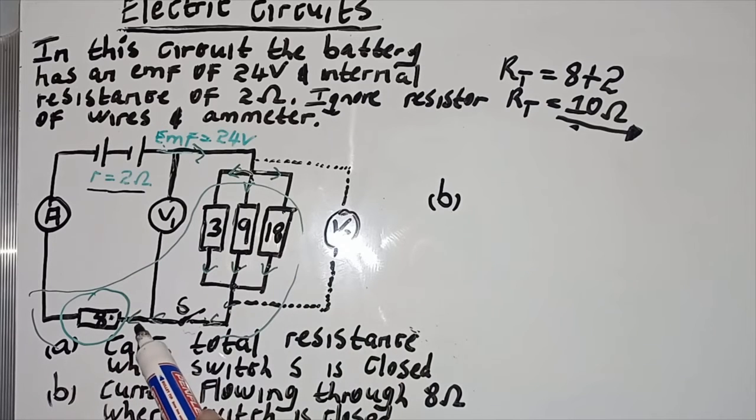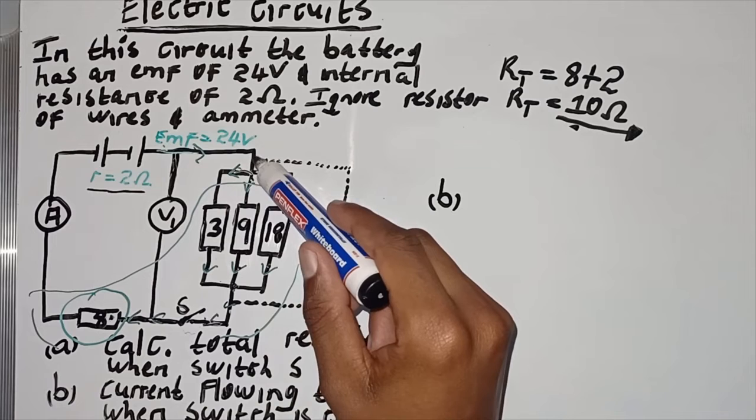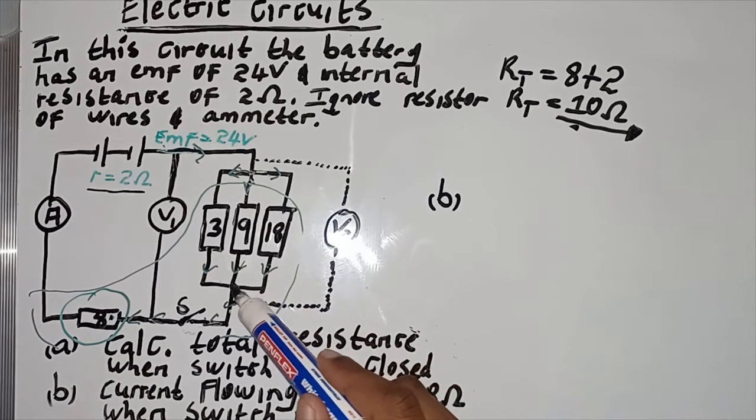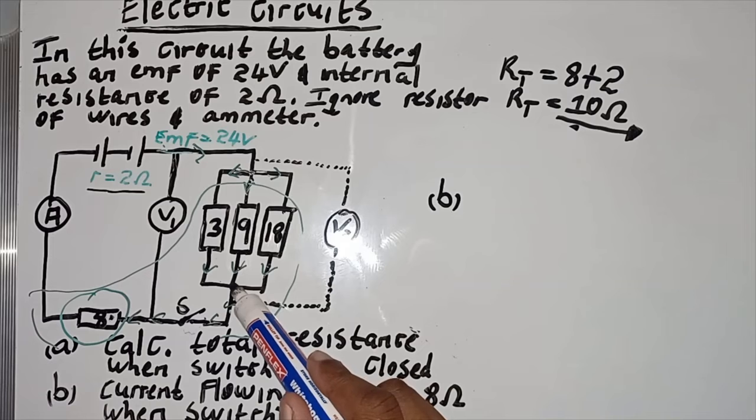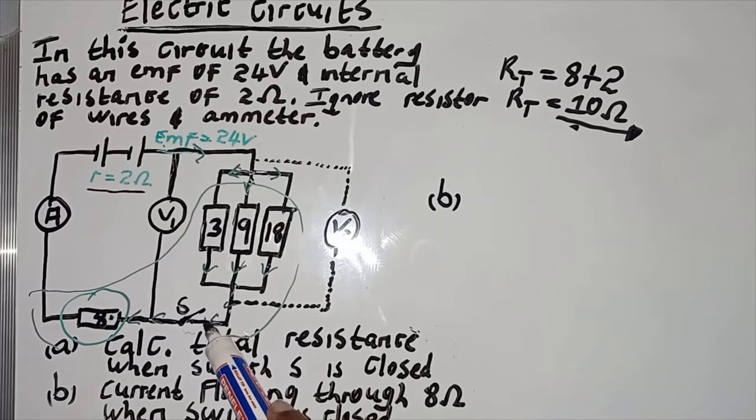Why? Because the current when flowing won't be splitting like in these resistors. For example, in this resistor, when the current comes, it's going to split to the side, to the side, to the side, and then after that combine or merge at this point, and then come as a full current that is going to pass through the 8 ohm.